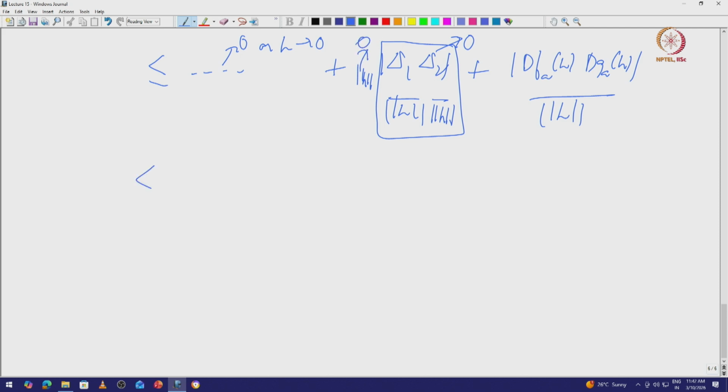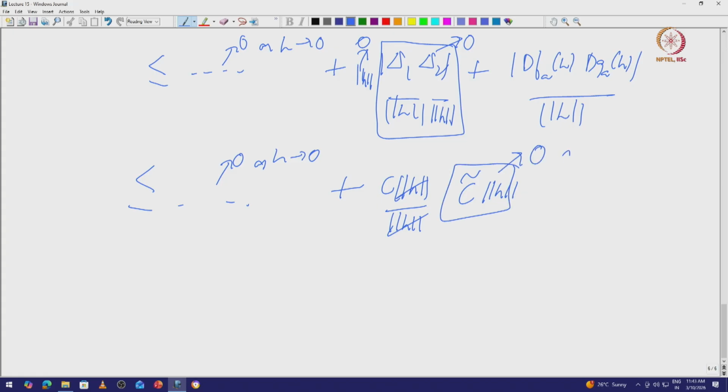That's great. So this is less than something that goes to 0 as h goes to 0 plus, what about this one? So here we can say that this is less than c times norm h divided by norm h times another c times norm h. This goes to 0 as h goes to 0.